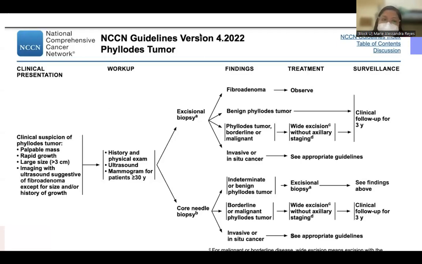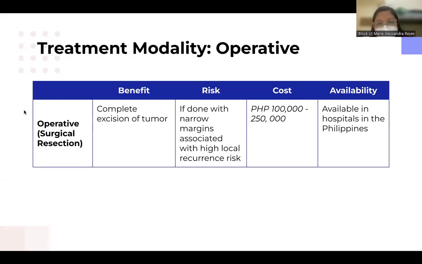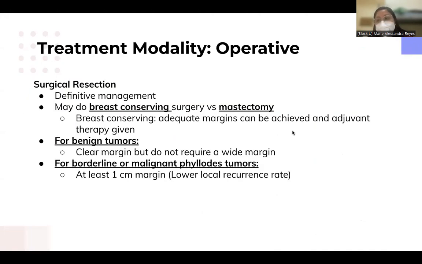Again, as a reiteration, surgical resection is the definitive management for phyllodes tumors. Hindi pala nag-change yung slide. So this is the table of the benefit, risk, cost, and availability of the operative management in phyllodes tumors. And again, surgical resection is definitive management.